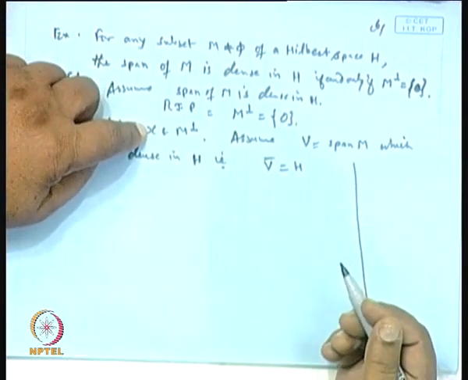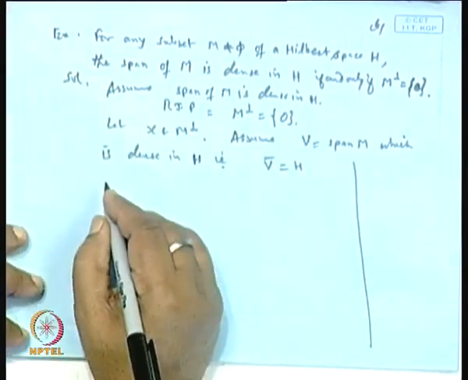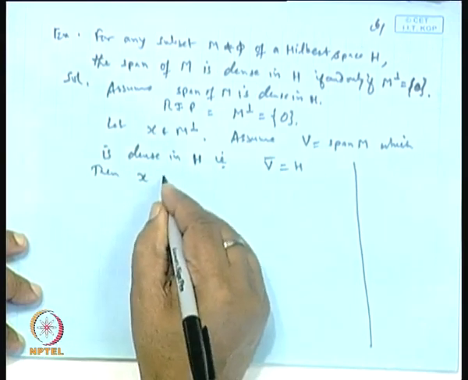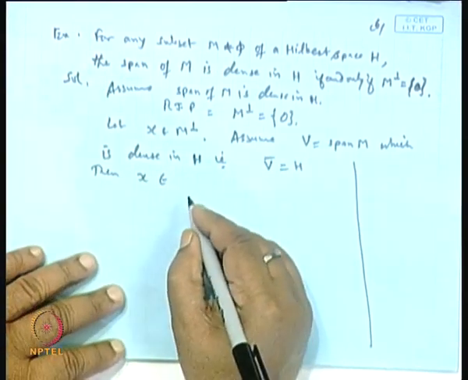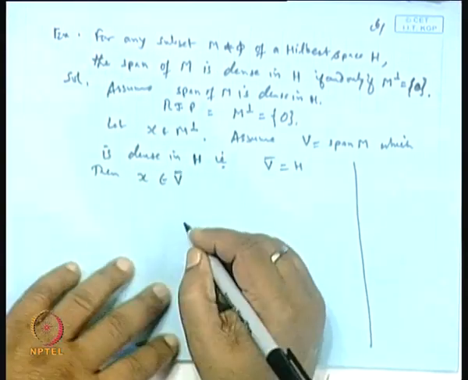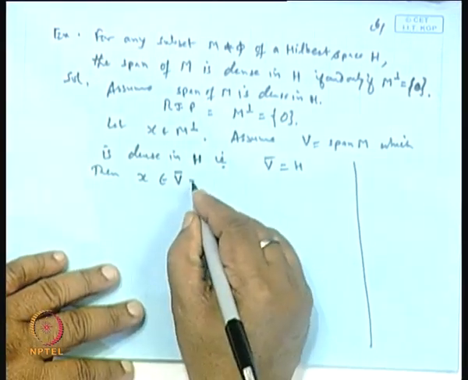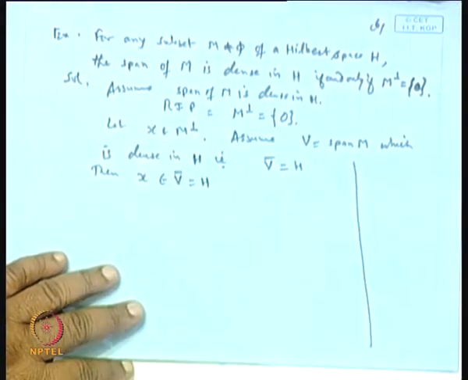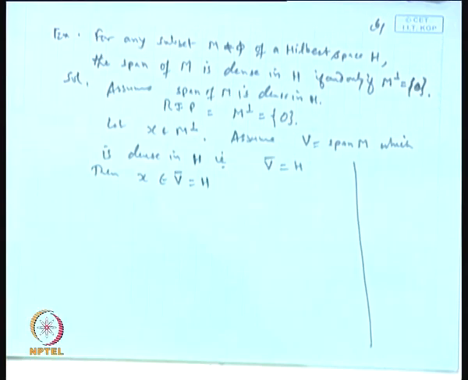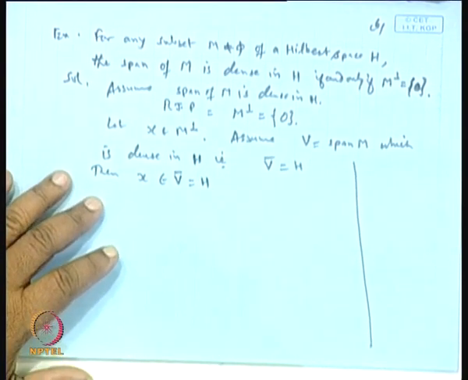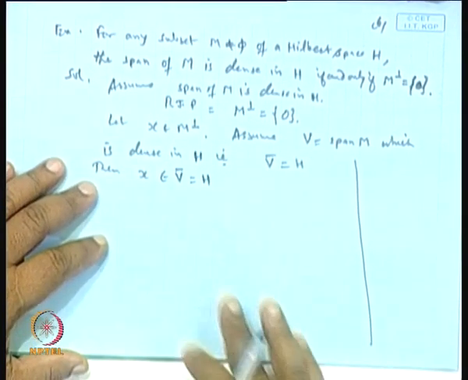So, X belongs to the closure of V, which is H. Is it clear or not?